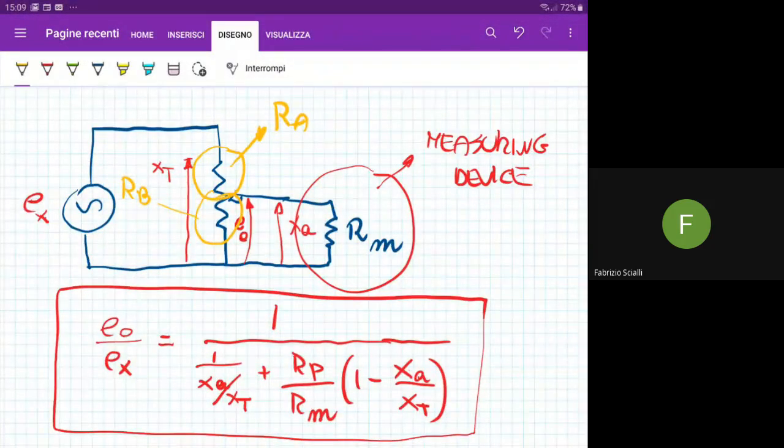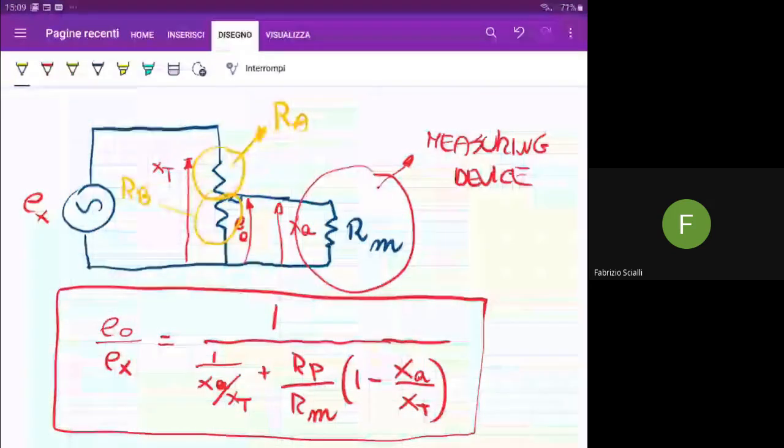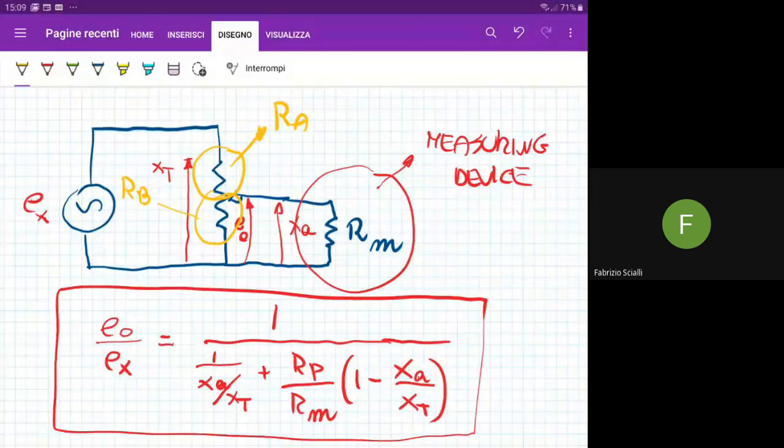That is a way of thinking about the problem that is almost correct, but it is missing an important point.